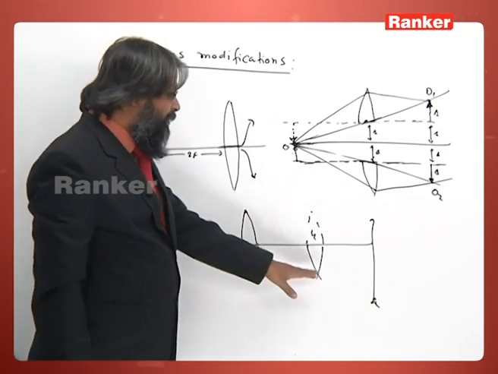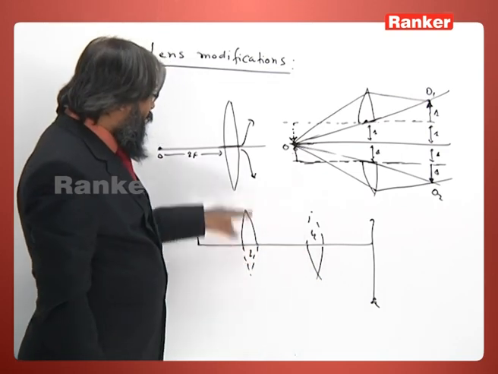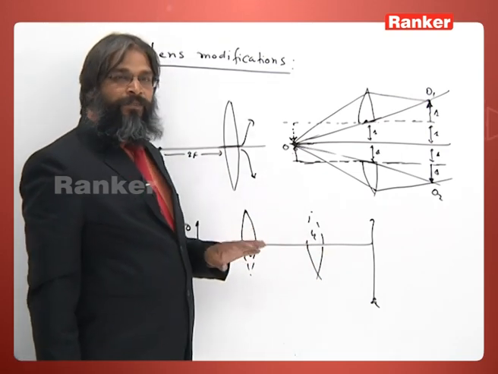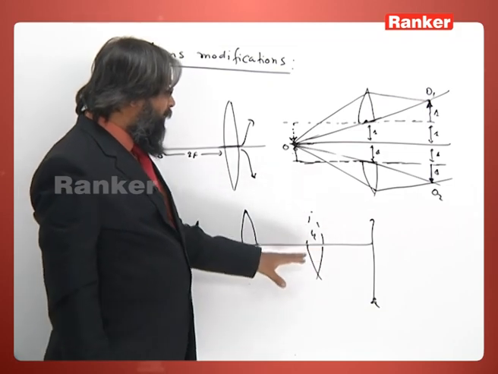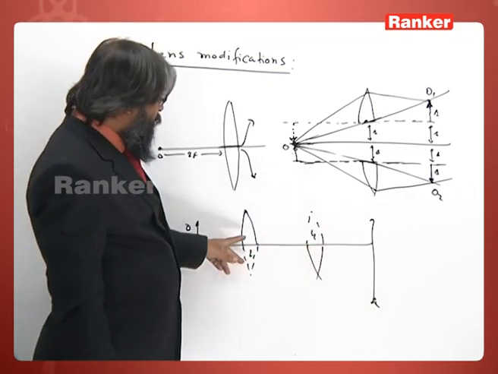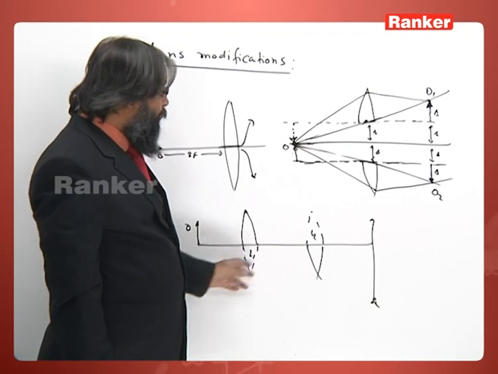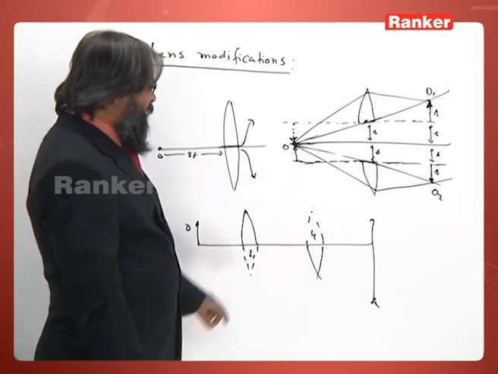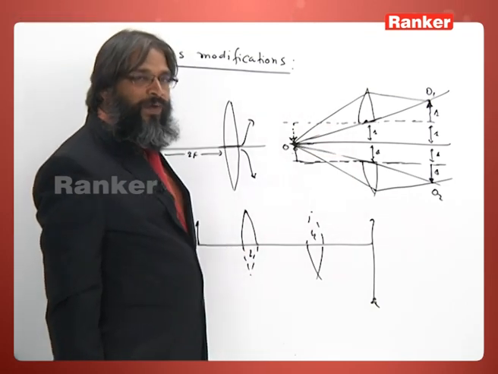So the 2 lenses can be generated from one by cutting and displacing it. In that problem, the displacement method, the same lens was cut and displaced to form the 2 lens positions. Now let us see what will happen if I displace it downwards.